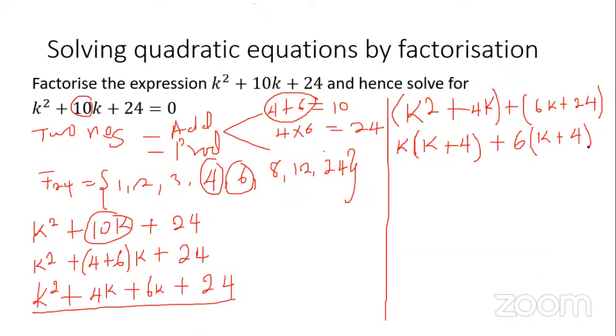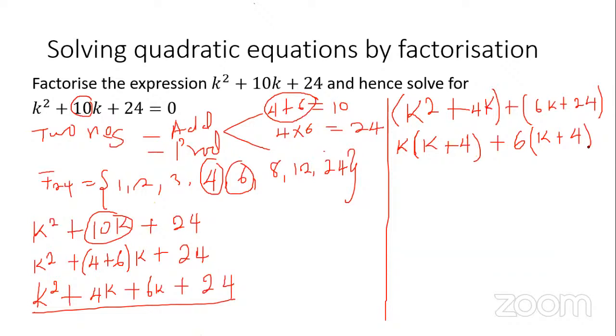Are you seeing something similar still in the expression we have formed? Yes. What do you see? What is similar is that in both pairs, we are having k plus 4.